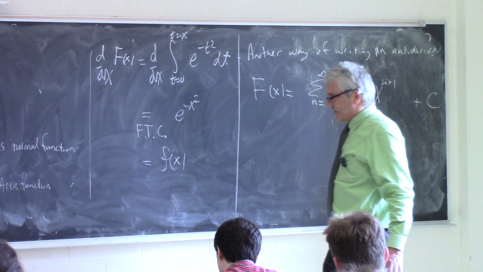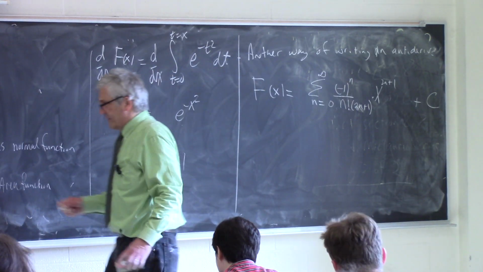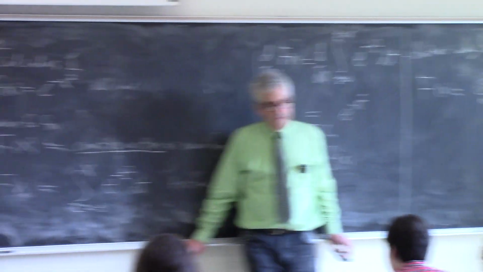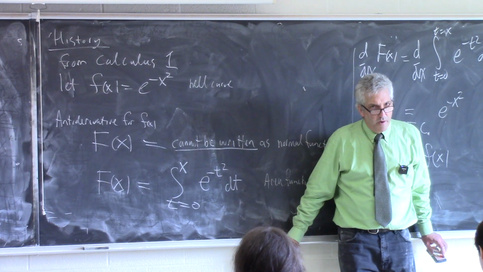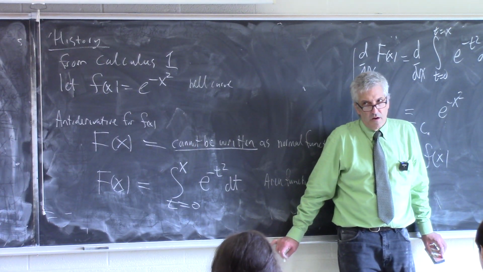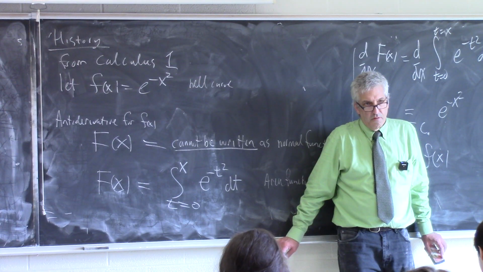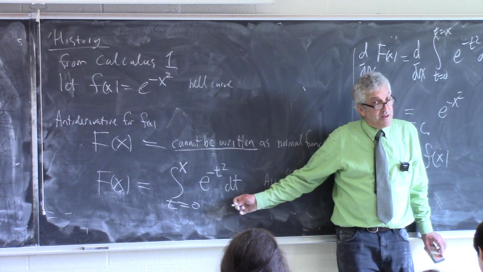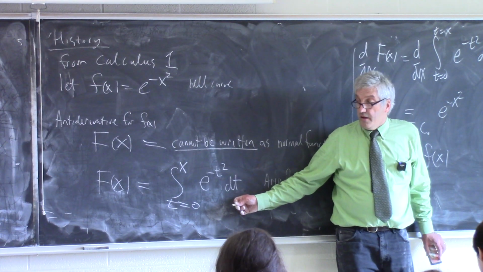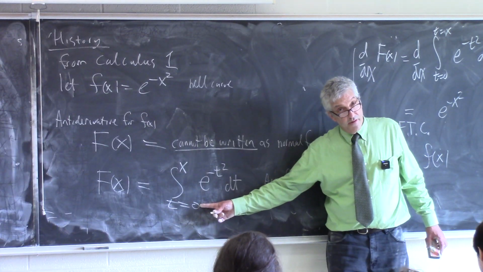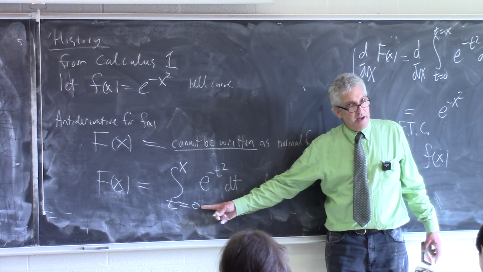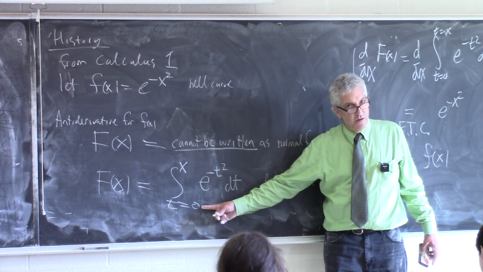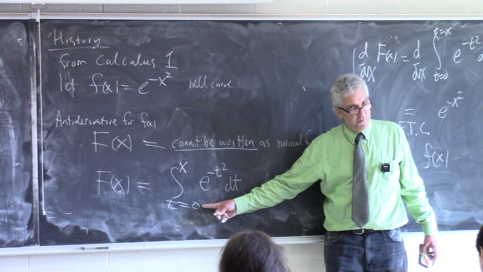Hey, where's the plus c in this one? Why is there no plus c there? Well, it's because this is a particular antiderivative. If I put a different number there, I actually get a different antiderivative. All the different antiderivatives differ by a constant depending on what the starting value is for this integration.